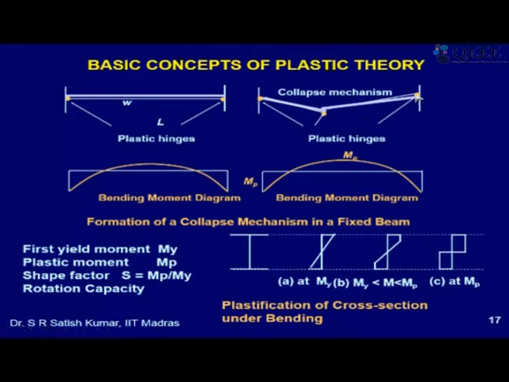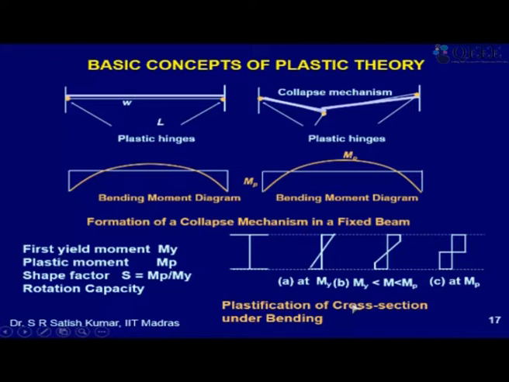So as we saw, elastic analysis is valid only up to first yield. So once the stress in the cross section anywhere in the beam reaches yield, it is not valid. So similarly, plastic analysis has some limitations. It will be valid provided local buckling does not occur anywhere in the member. Okay, so that is one of the requirements.